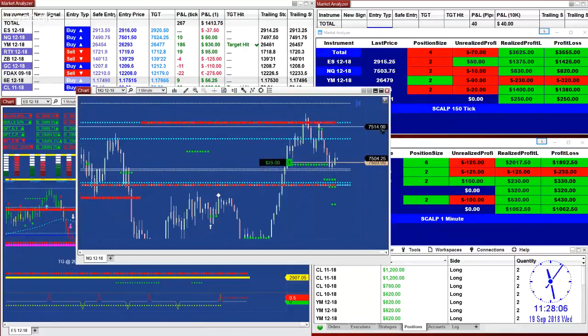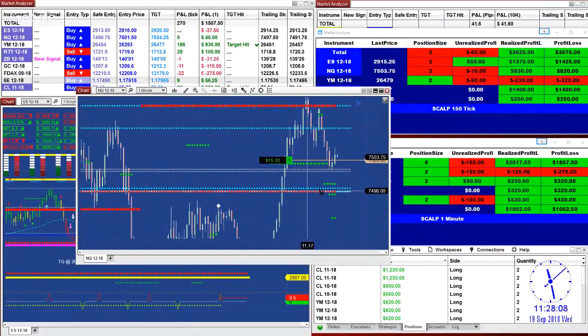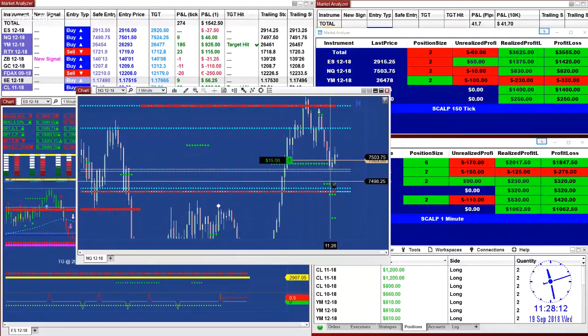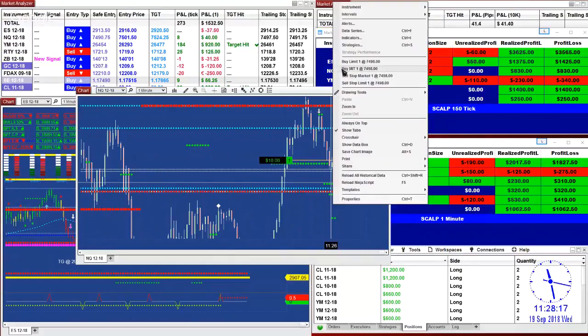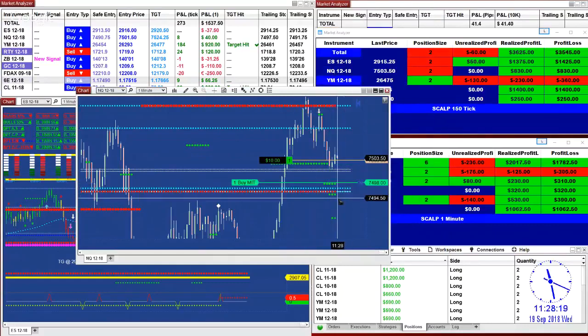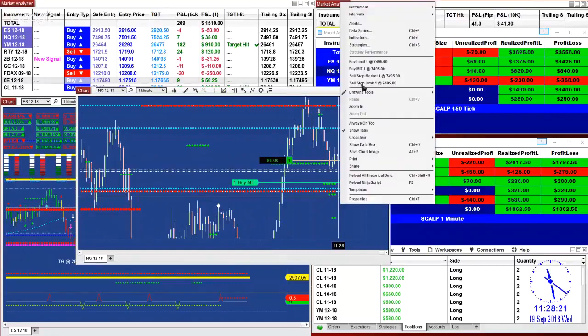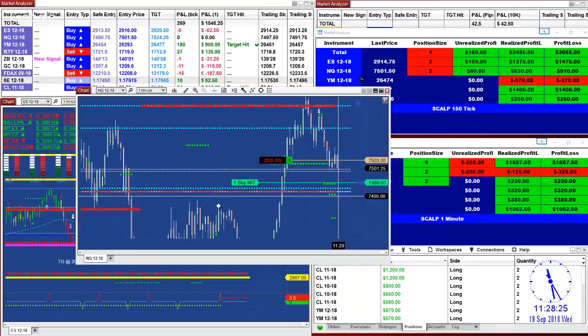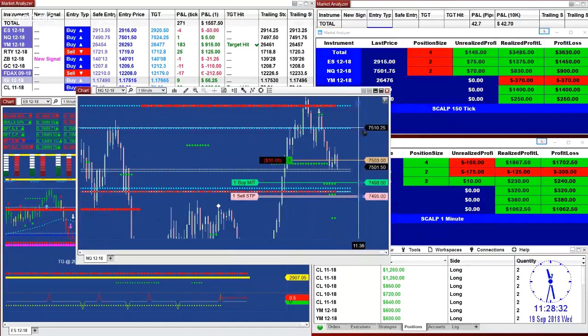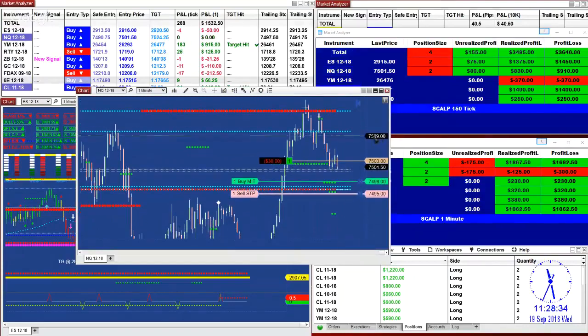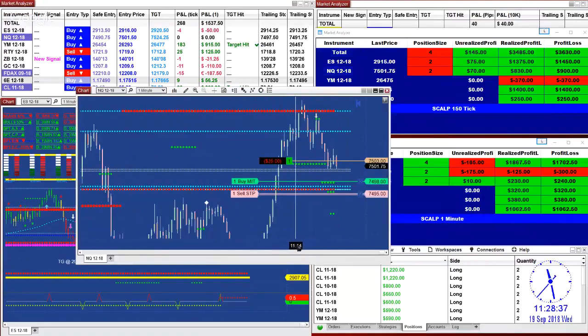And if you can afford to take more than one contract, you take one more here, and then for both of them, sell right there. Two contracts you can do. This is one of the things you can always do, standing taking two contracts.